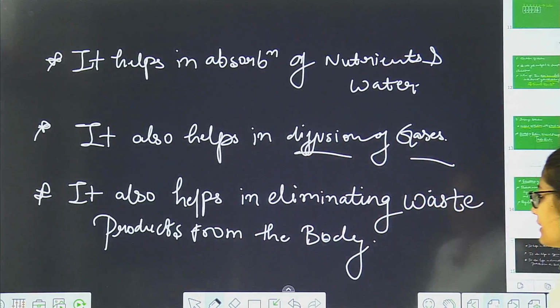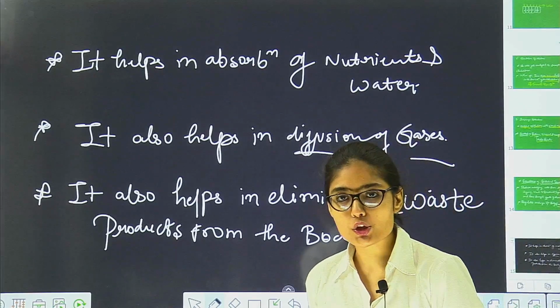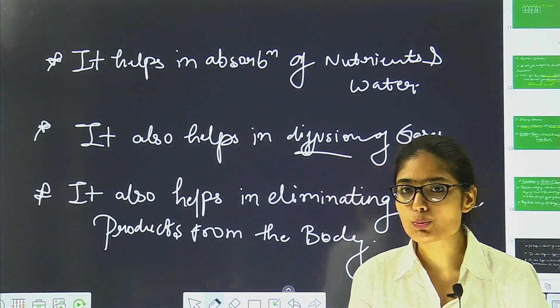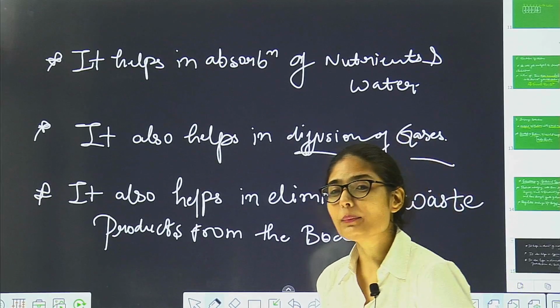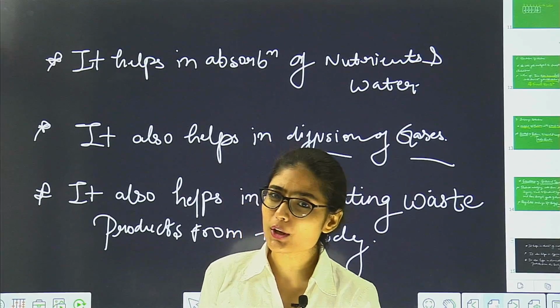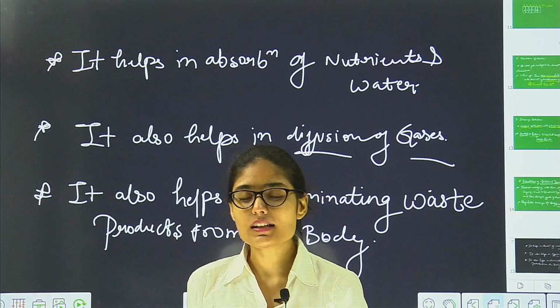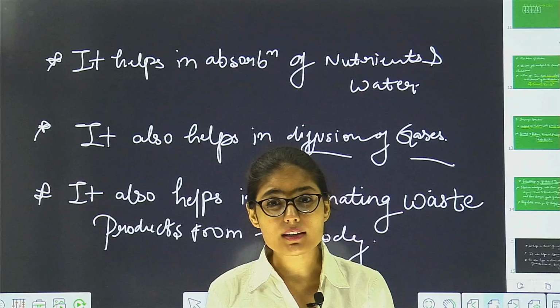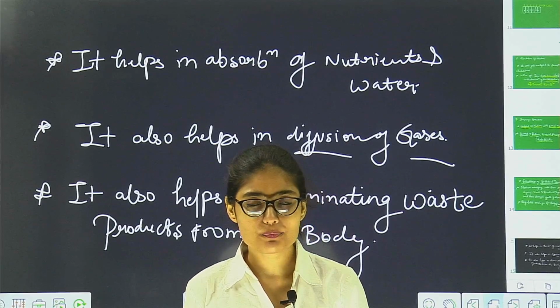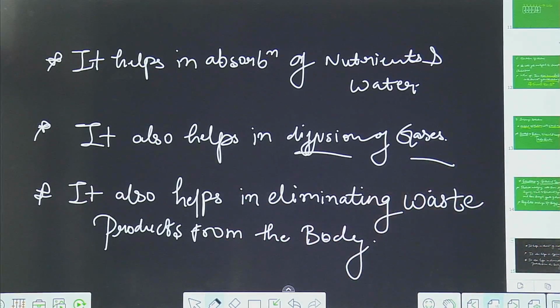It also helps in eliminating waste products from the body. And what are these waste products? Excretion, right. Kidney tubules are also formed by this, and what is the work of the kidney? Kidney is the major organ which performs a very important role in purification of blood, that means in the production of urine. And what is urine? It's the waste product, right. So yes, it also helps in eliminating the waste products from the body.